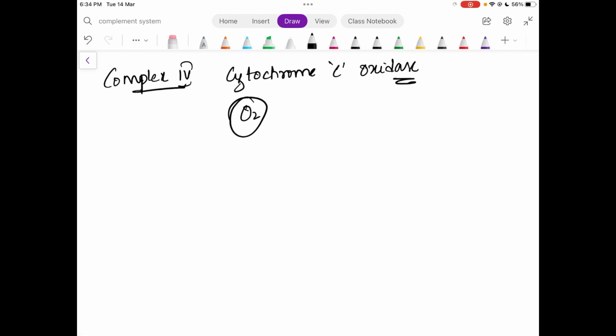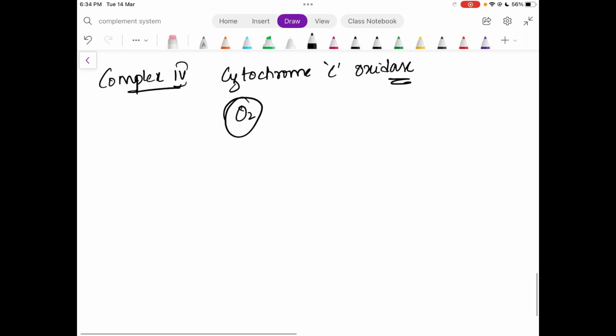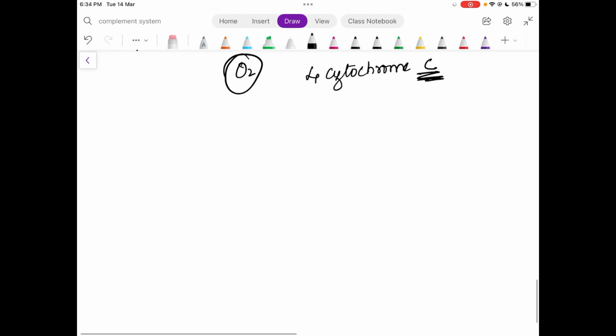For this transport we require 4 cytochrome C. Okay, 4 cytochrome C. We'll see the series of reactions in complex 4.